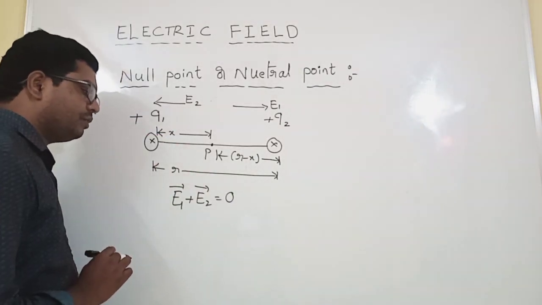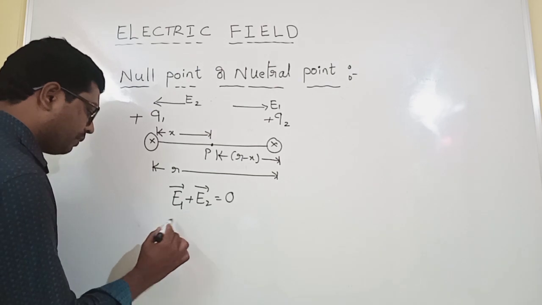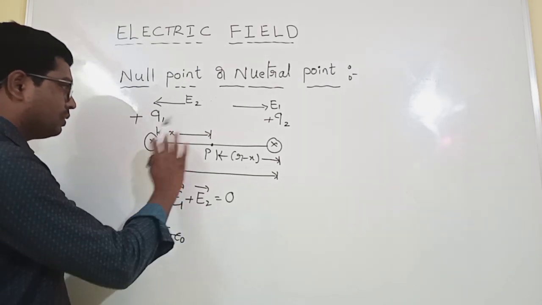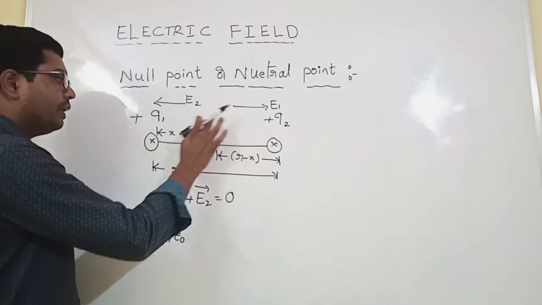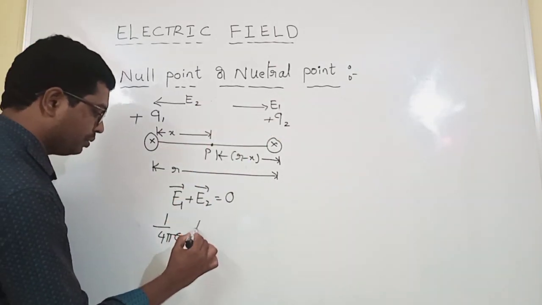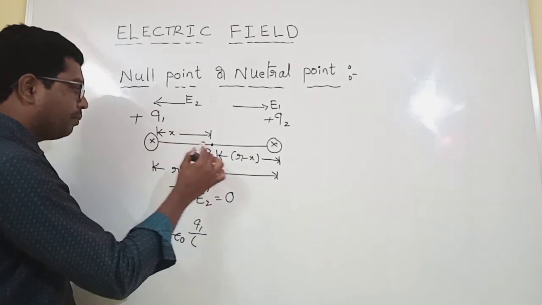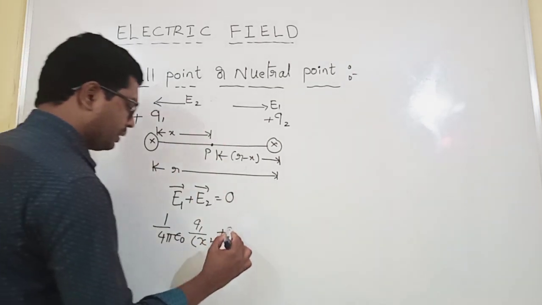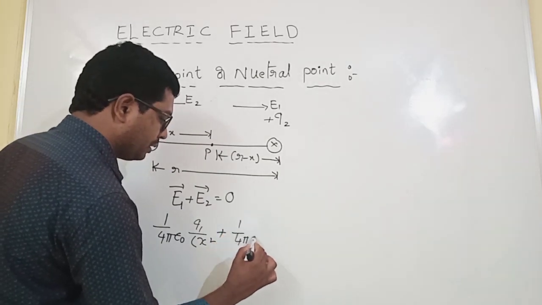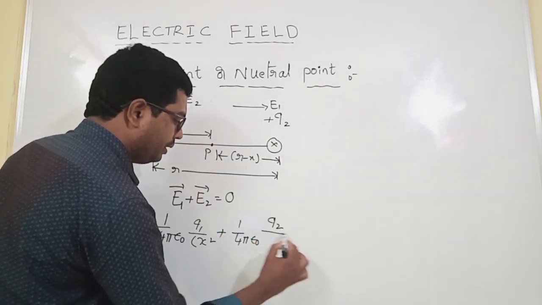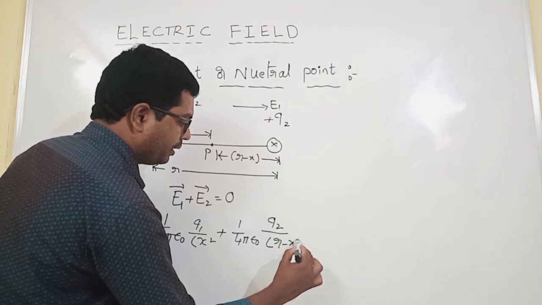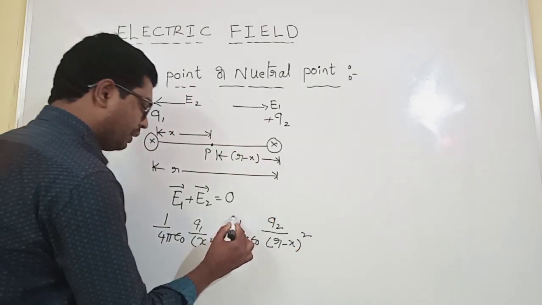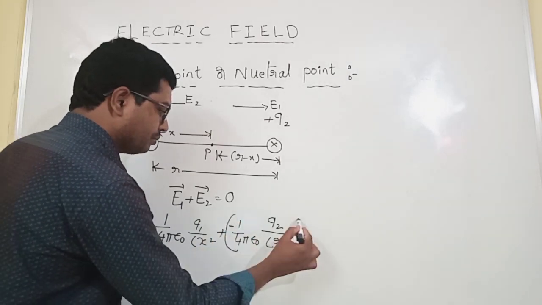As per the definition of electric field, 1 by 4 pi epsilon naught, Q1 divided by x square, is the E1 field in the positive direction, plus 1 by 4 pi epsilon naught, Q2 divided by the distance r minus x whole square, which is in the opposite direction, so I am going to write minus.